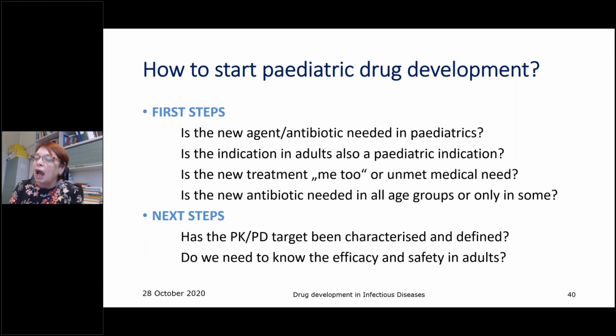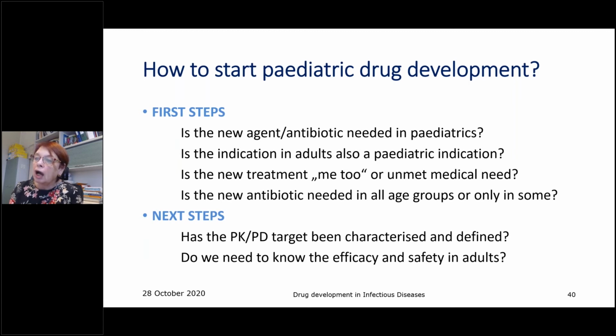then maybe that does not need to be developed for pediatrics either. And is this antibiotic needed in all pediatric age groups or only in some pediatric age groups? And again, if this drug is a good inhaled antibiotic, most likely you would not need, at least that's current thinking, that this be developed for neonates, but it's again very much needed for patients with cystic fibrosis, for example.